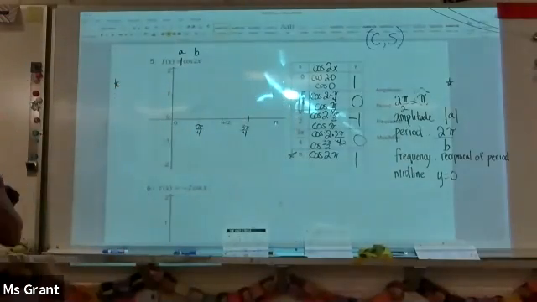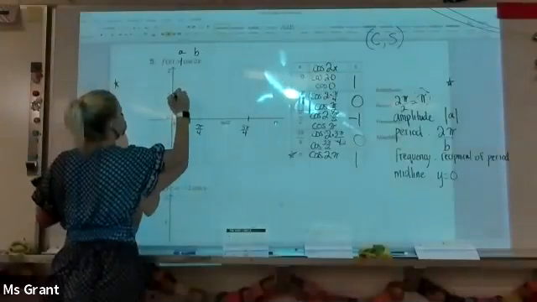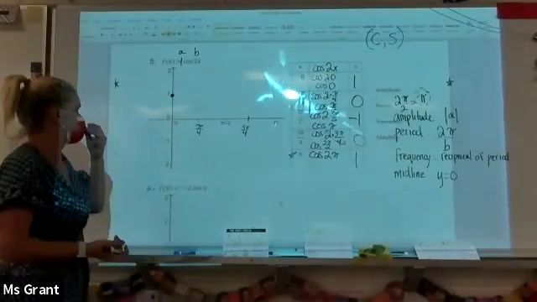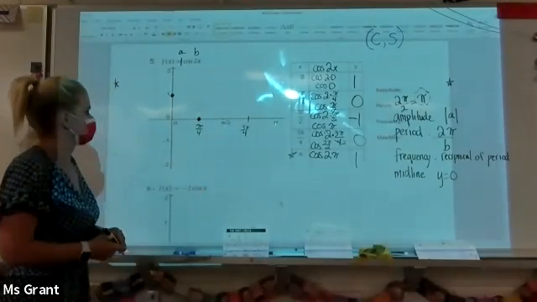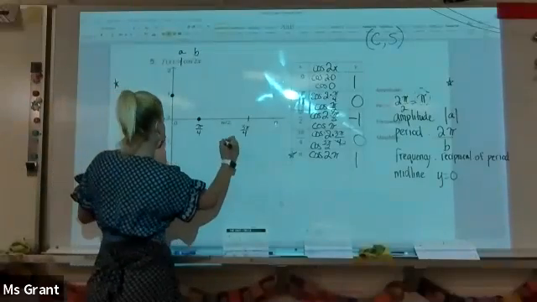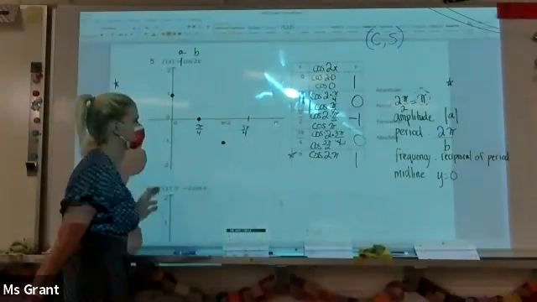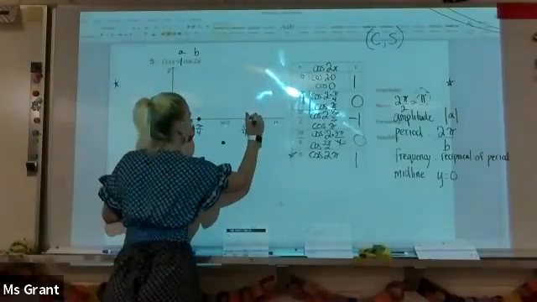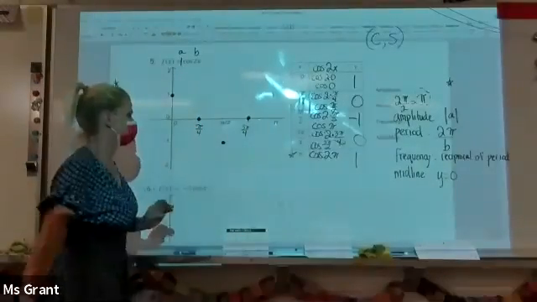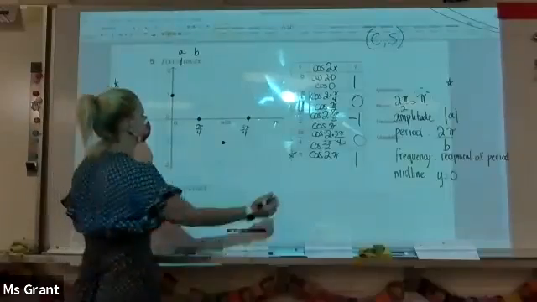Okay, now we graph. 0, 1. Pi over 4, 0. Pi over 2, -1. 3 pi over 4, 0. Pi, 1.